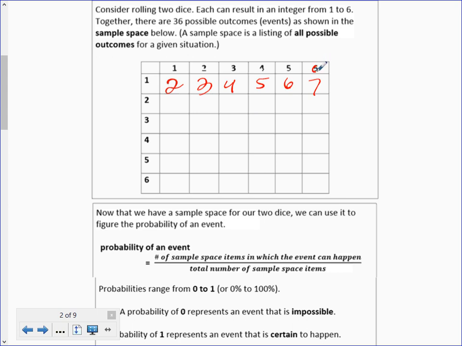It's not the best print job. Sorry about that. 1 and 2 gives me 3. 1 and 3, 4, 5, 6, 7. 2 and 2 is 4.